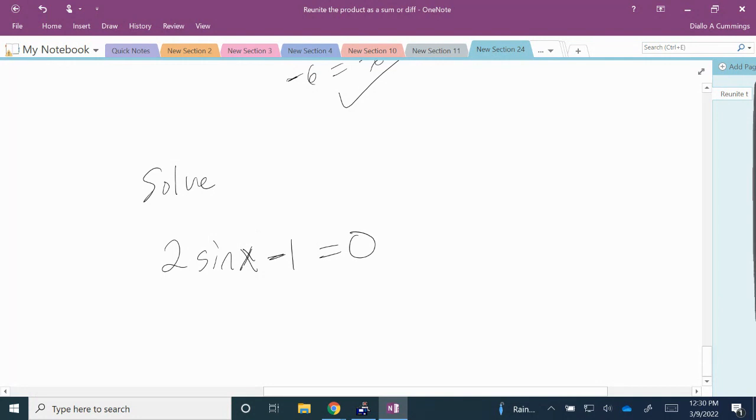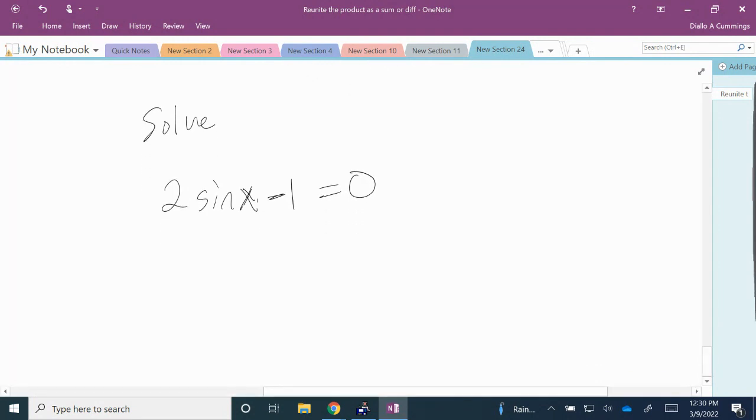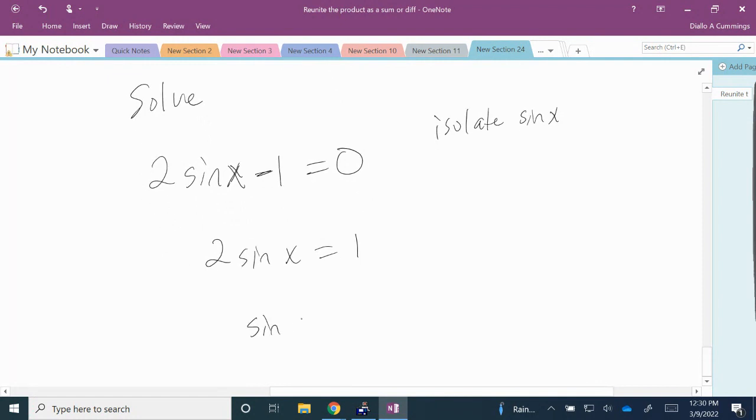If you don't have any powers, then it's a linear trig equation. So in order to solve it, we're going to isolate for the sine of x. I'm going to add 1 to both sides, and I'm going to divide by 2. So the sine of x is equal to 1/2.